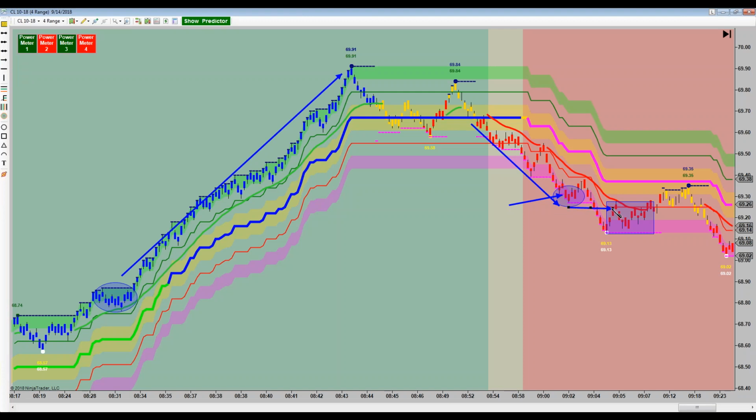What I'm saying is that as long as it stays down here, there is no trade. There's no short trade yet. It's at a minimum got to get up into here. So until bars start coming above here, we cannot, by our definition of our rules, take a short trade.